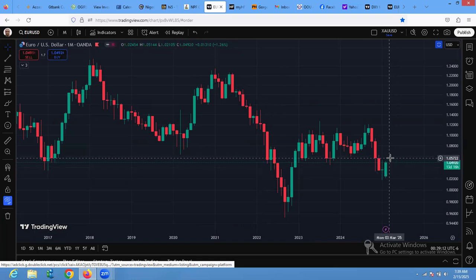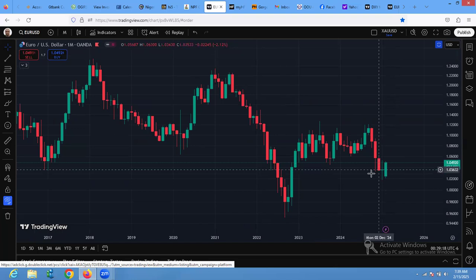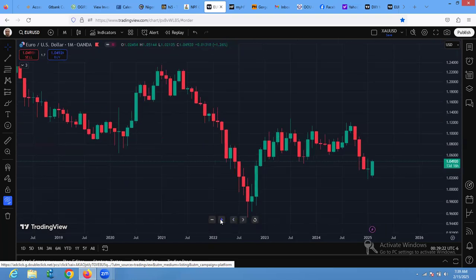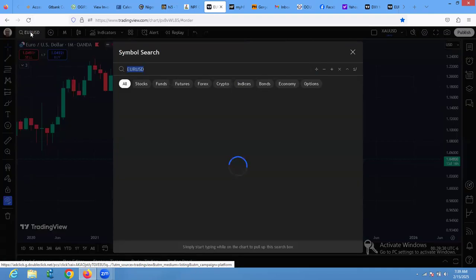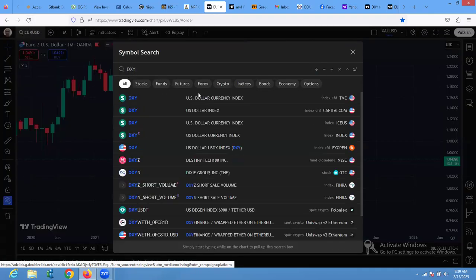Now you will see that it hasn't taken the top of this structure here, this doji. This doji has to be broken. But on the DXY, the doji had been taken. So we have a proper break of structure.